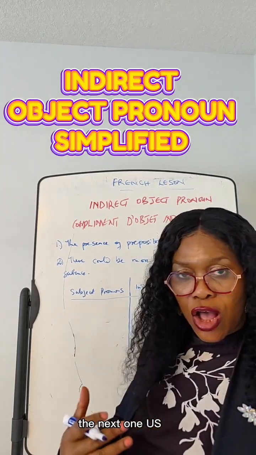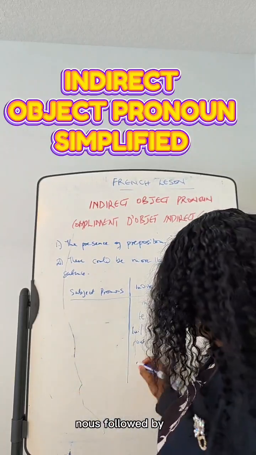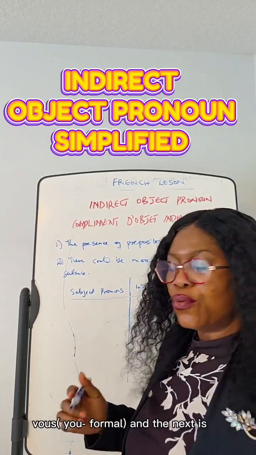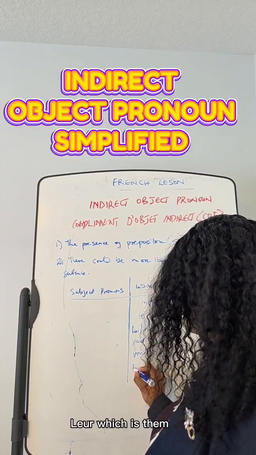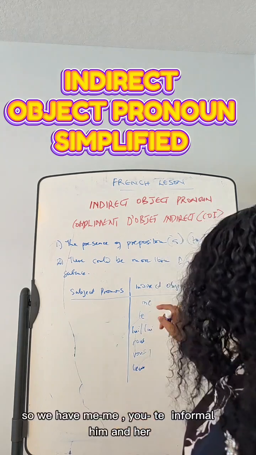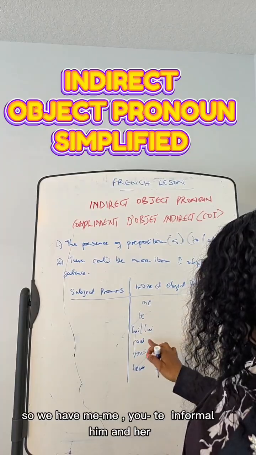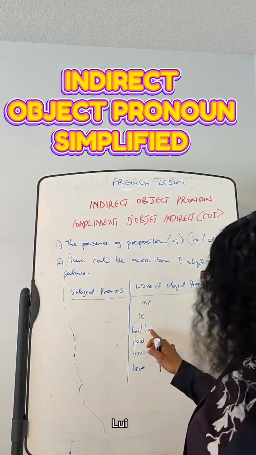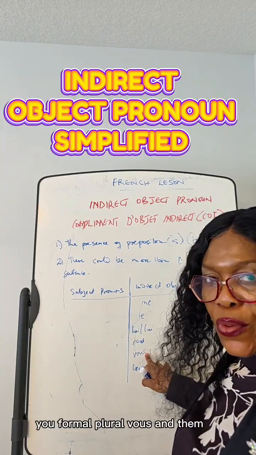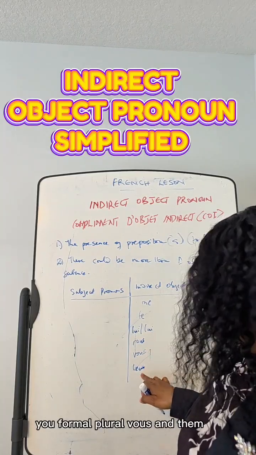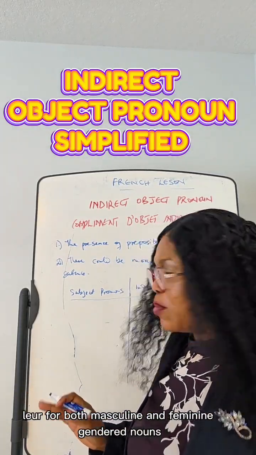The next one, us, nous, followed by vous. And the next is leur, which is them. So we have me for me, te for you informal, lui for him and her, nous for us, vous for you formal or plural, and leur for them, for both masculine and feminine nouns.